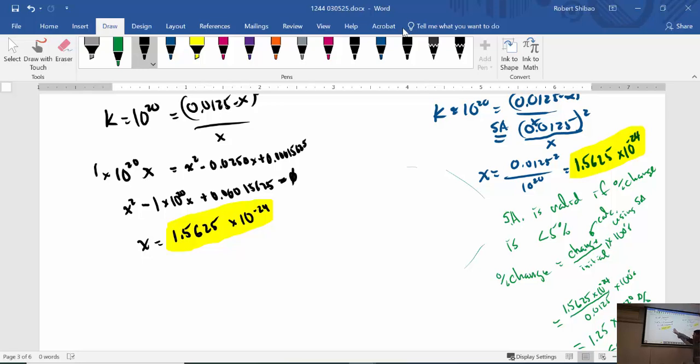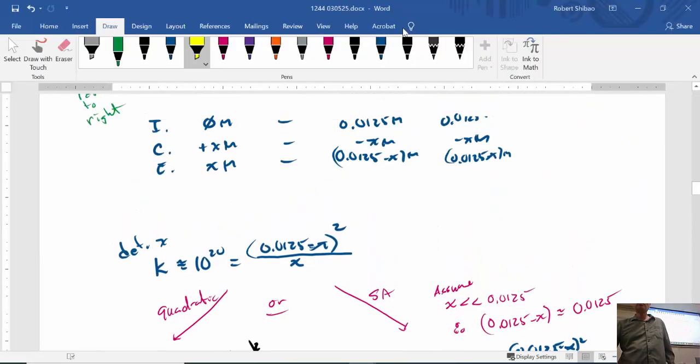By using the quadratic formula, we got 1.5625 times 10 to the minus 24. Any difference? No difference. No difference is what you expect when the percent change is small like this. If you have an exceedingly small percent change, then it's very good. It's not even worth doing the quadratic. You're going to get the same answer anyway, so you might as well use the simplifying assumption. It takes a lot less time than getting this into quadratic form.